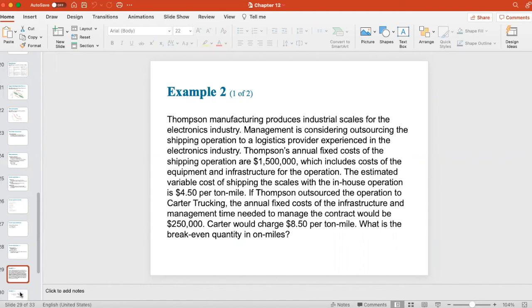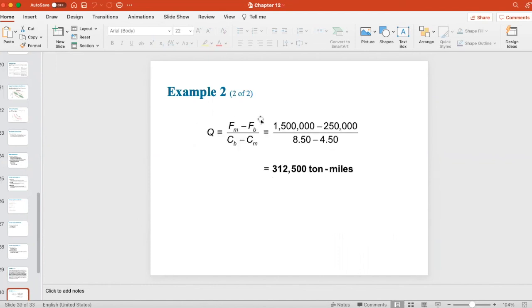Very simple. Looking at the equation shown here, the break-even order quantity equals the difference of the fixed cost between these two processes, divided by the difference of the variable cost between these two processes.